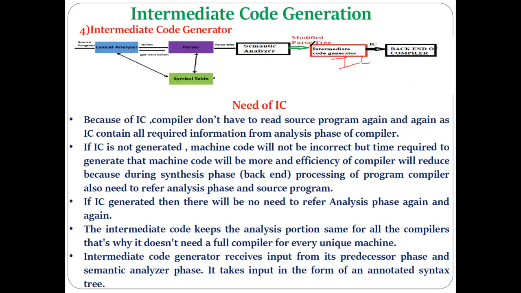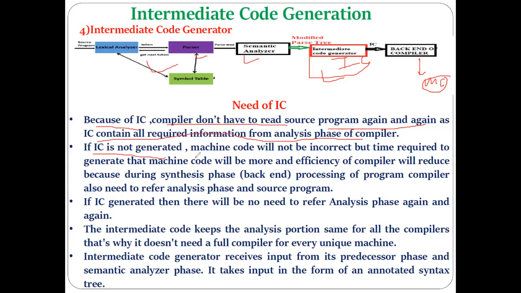So if the intermediate code does not get generated, then the machine code that gets generated will not be incorrect, it will be correct. But if the IC is not generated, then the time required to do the processing and the time required to execute the program will be more. Understood? Because each time the compiler has to refer to these three phases if the IC is not generated. The same thing I have put down here. Because of IC, the compiler doesn't have to read the source program again and again, as the IC contains all the required information from the analysis phase of the compiler.